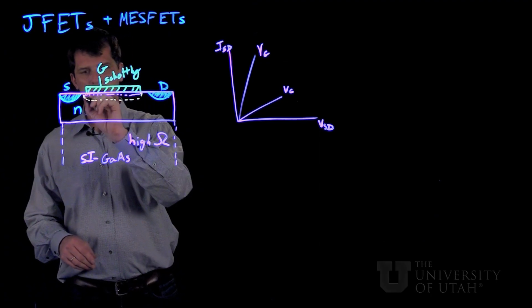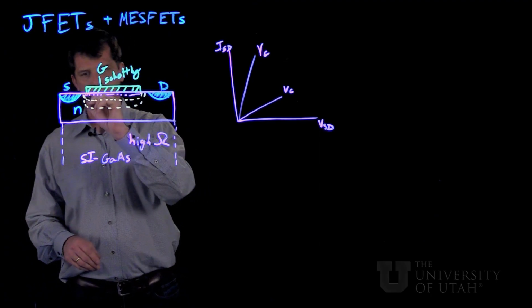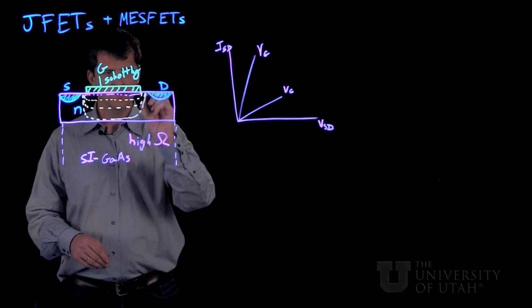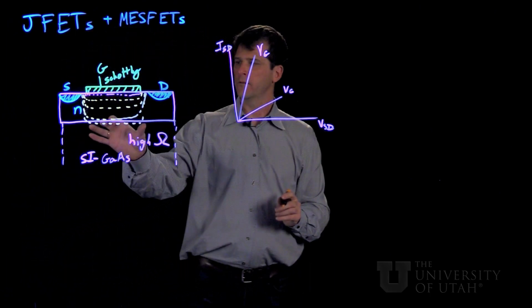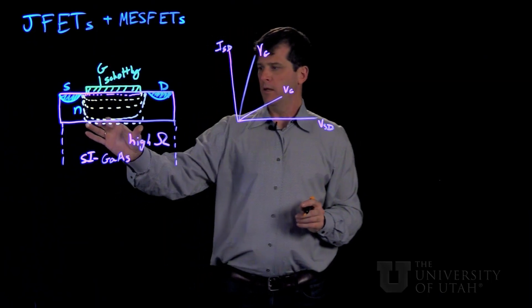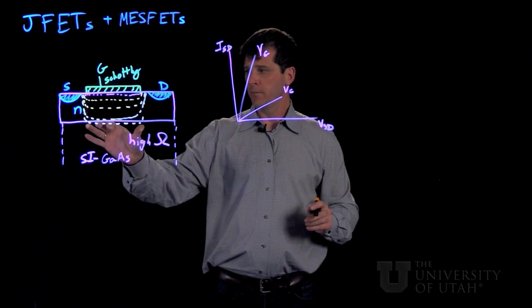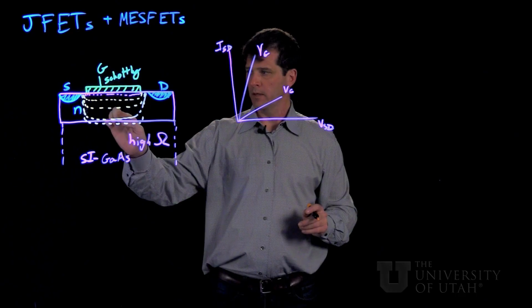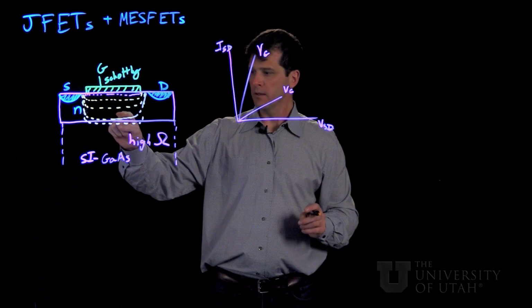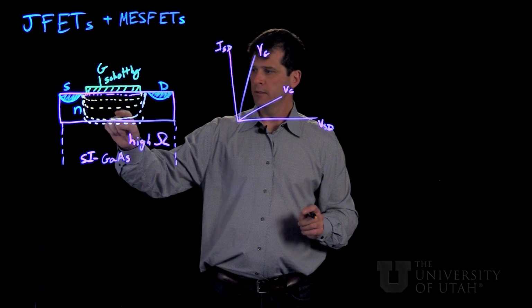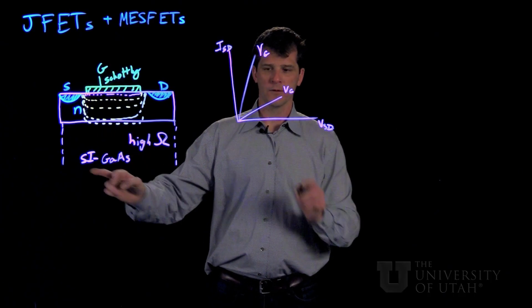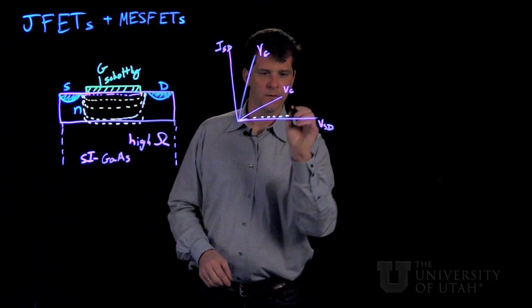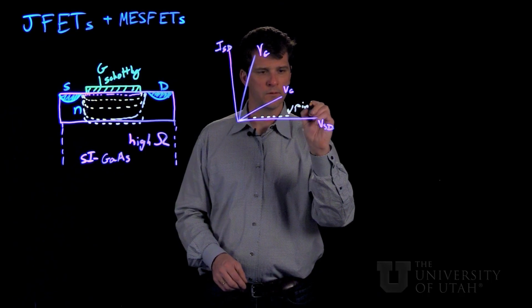As we increase the gate bias, we'll eventually shut down this channel, and because of the semi-insulating substrate, there's actually no connection except through either the high resistance channel region that's been depleted, or the high resistance semi-insulating substrate. So eventually you'll get pinch off.